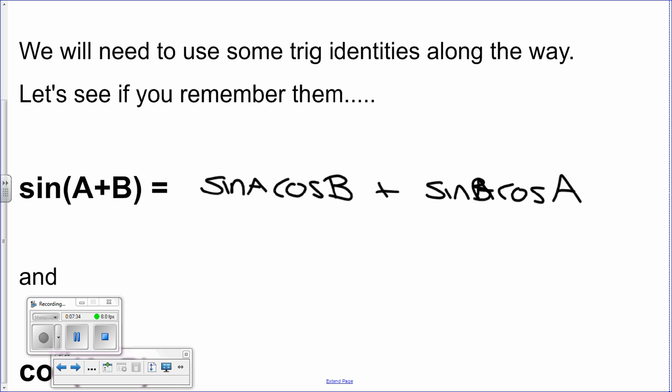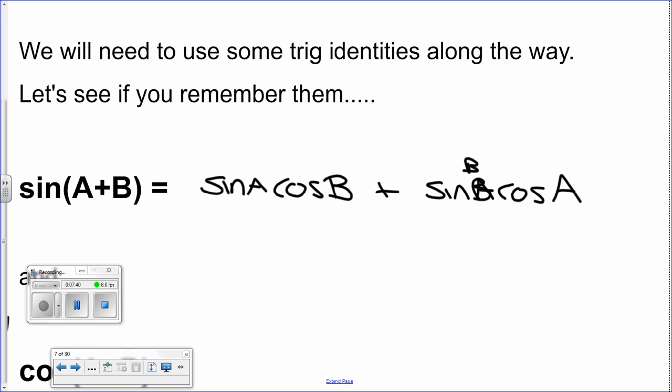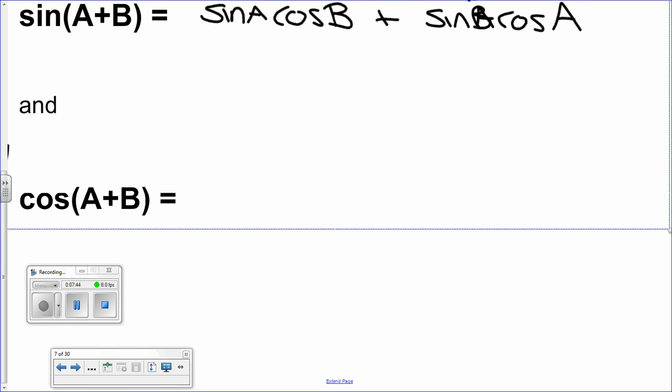That's a B over here. Now there's another one over here. You got to know cosine of A plus B. I mean, you always had these on a sheet, so you never really had to memorize them. Okay, anyone remember that one?